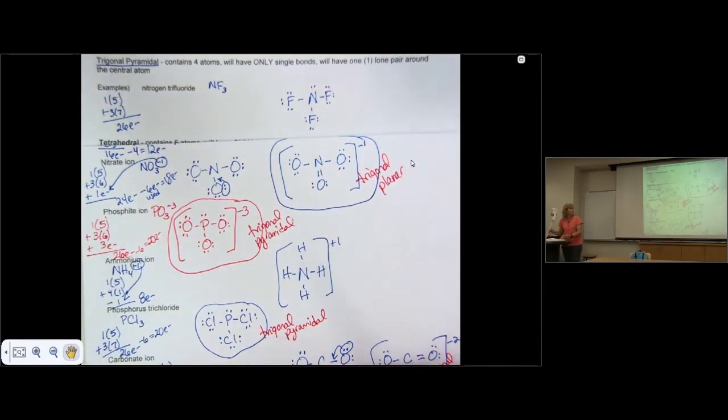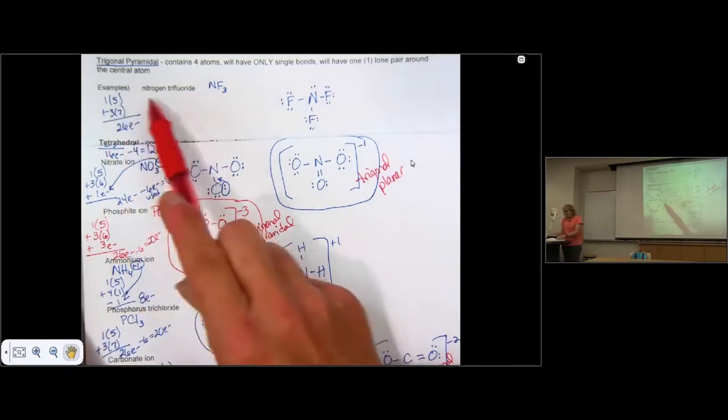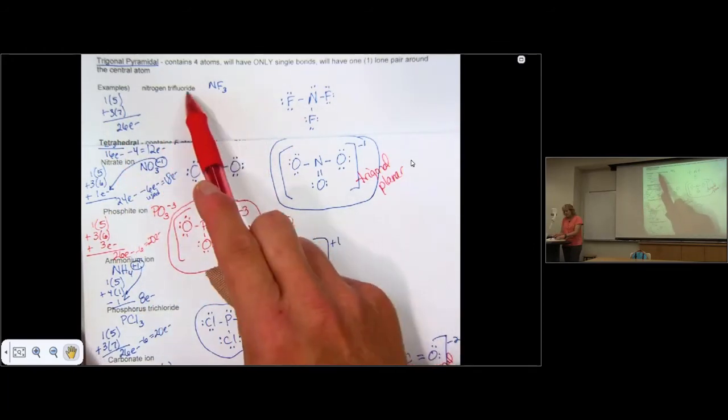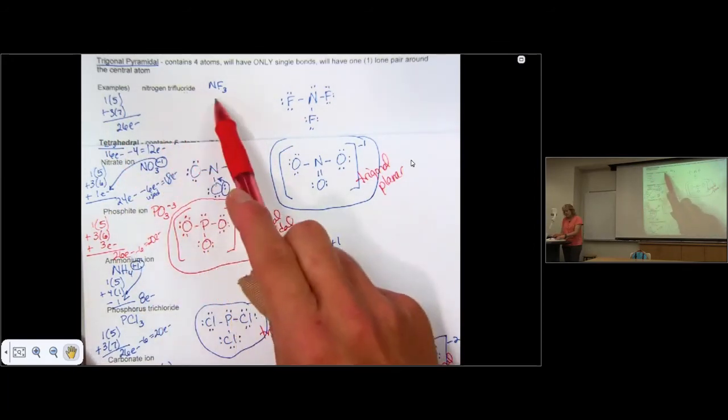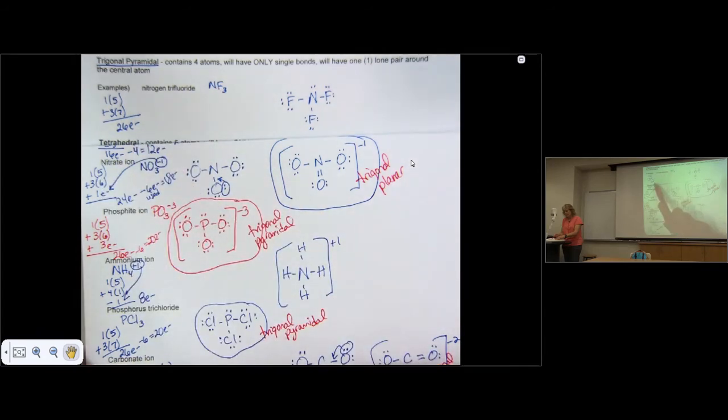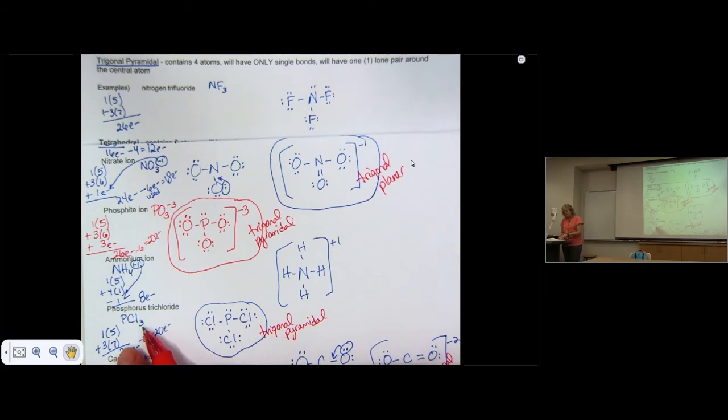Nitrogen trifluoride, you had 5 for nitrogen, 3 times 7 for fluorine, and that made the total of 26. Phosphorus trichloride is the same. Did you catch that before you started doing it?